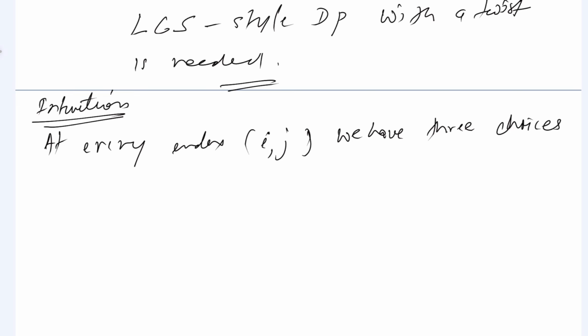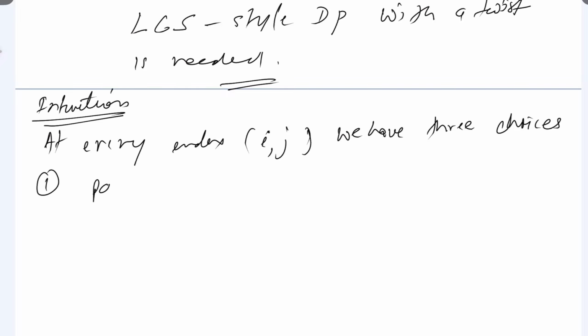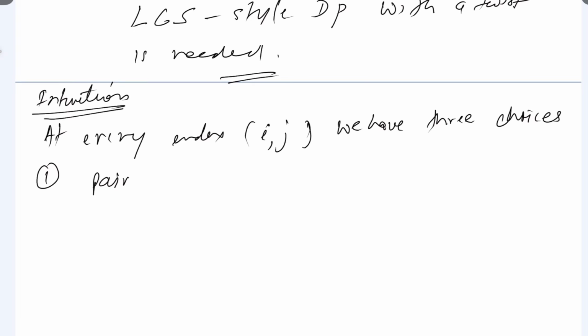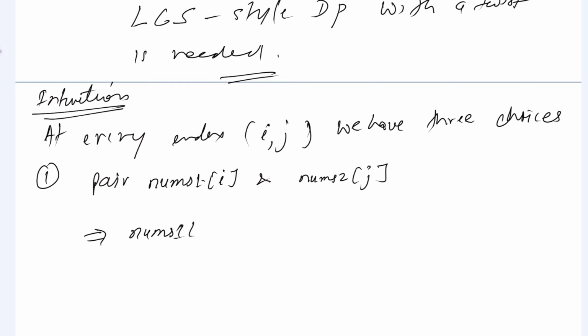Choice one: if we have a pair, nums1 at i and nums2 at j, we multiply nums1 at i by nums2 at j.